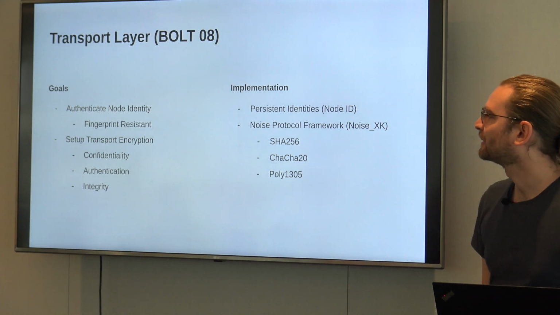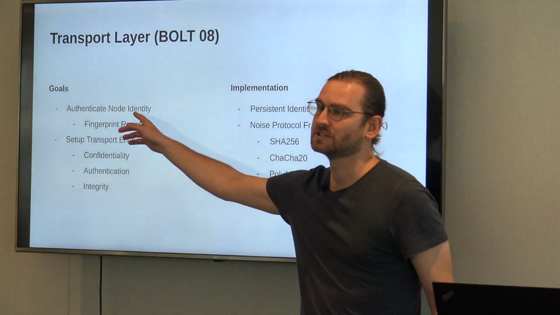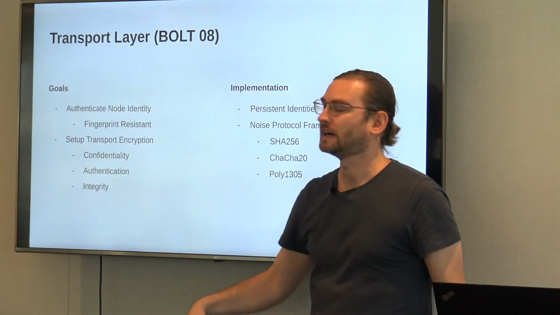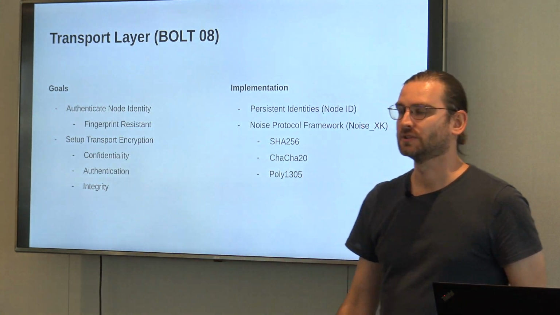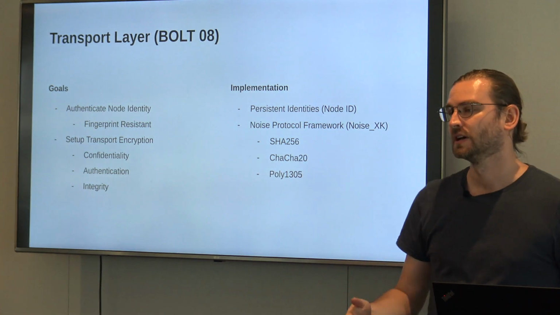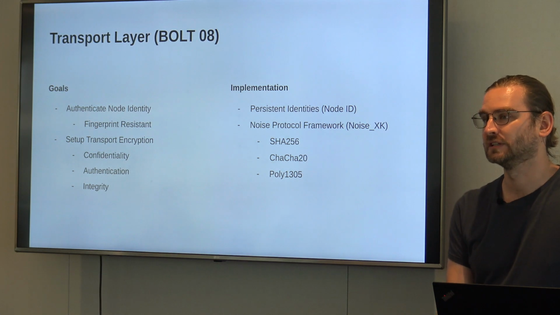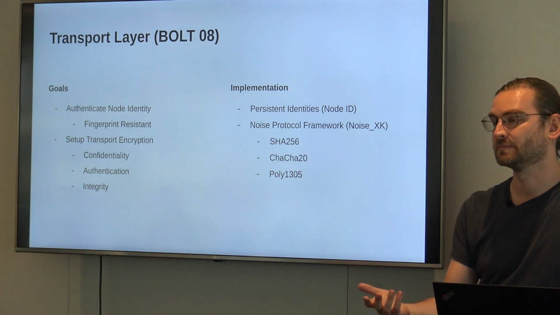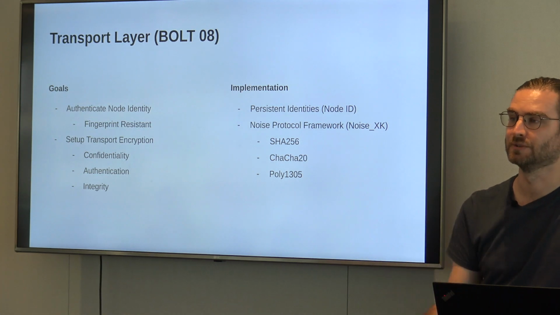So the Diffie-Hellman part comes into play when you authenticate the node and establish the secret. You contact the node, you initiate a Diffie-Hellman protocol, and if you both reach the same shared secret at the end, you're sure that the other side was actually who you were talking about.